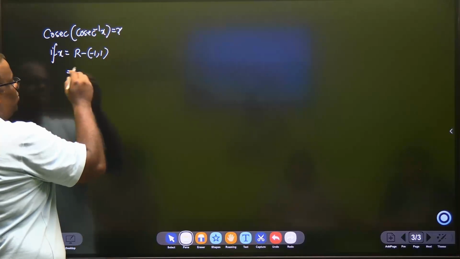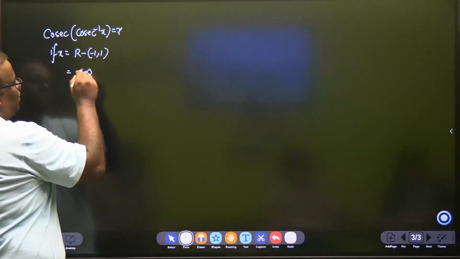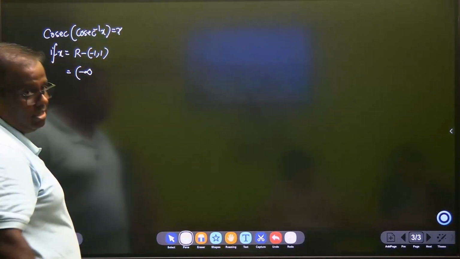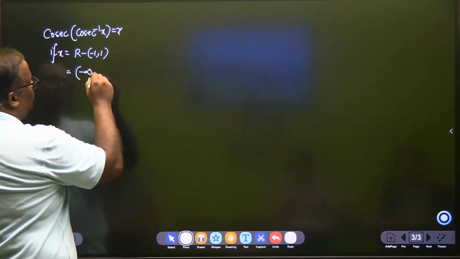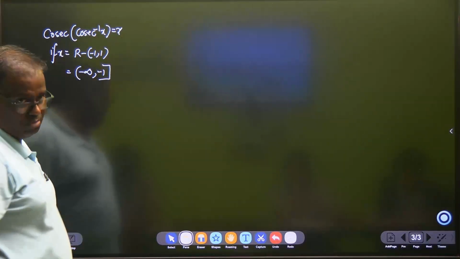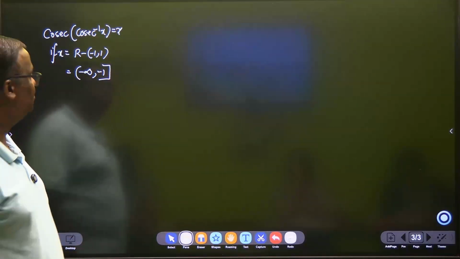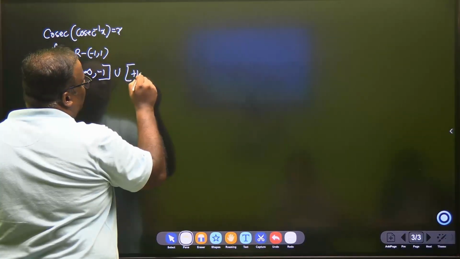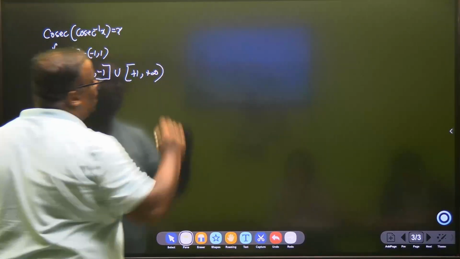See, it will be negative infinity, which is always open, and we will write -1 closed, because cosec can take -1, union with +1 to positive infinity, like this.